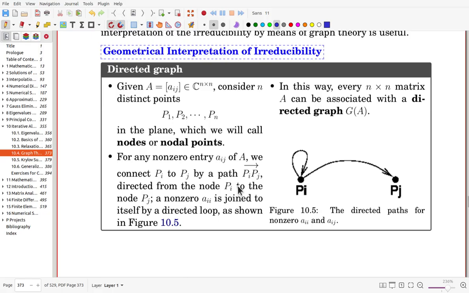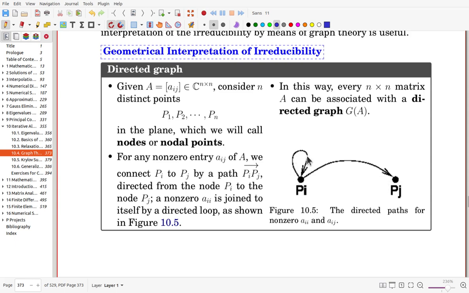Once an entry Aij is non-zero, we make a directed arrow from Pi to Pj.